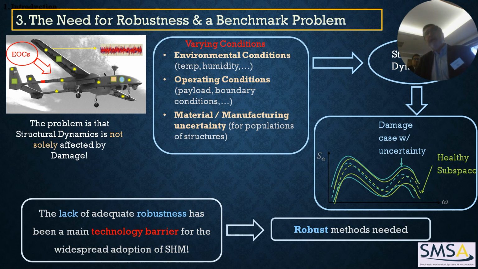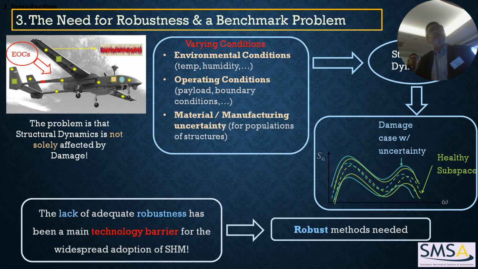And then whenever you have a damage, it is quite possible that the characteristics under damage will fall within the zone that you have in the healthy case. So you cannot easily distinguish between the cause of the difference in the dynamics. Is it coming from damage or is it coming from those varied conditions that I mentioned before?